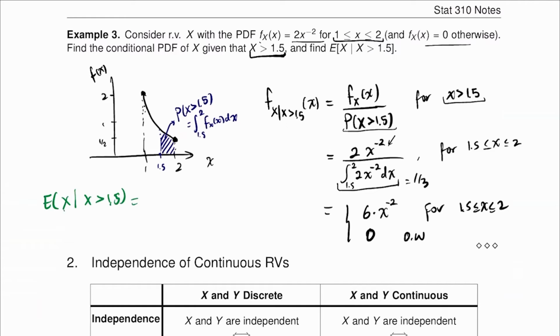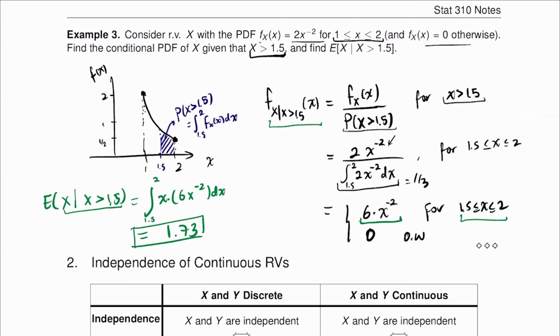Well, we are going to use the PDF of this random variable, that is 6 times x to the minus 2, and it's basically the integral for this support, that is 1.5 until 2, of x times this PDF, again, that is 6 times x to the minus 2 dx, and if we do that integral, this is 1.73. That is the expected value of this conditional distribution.